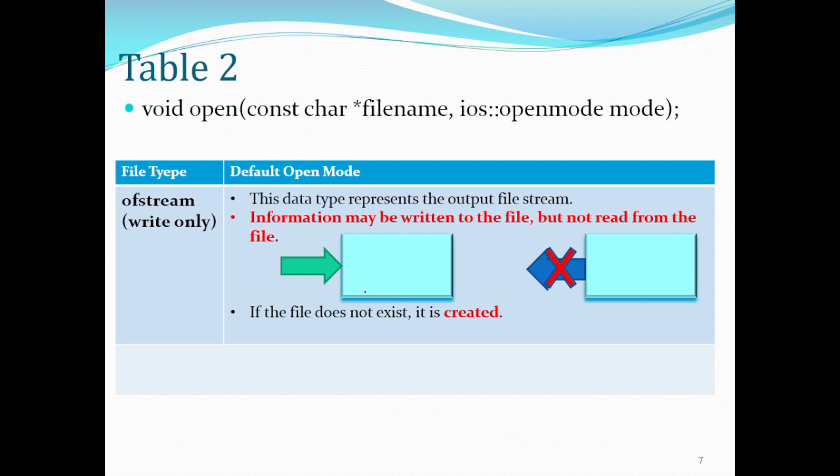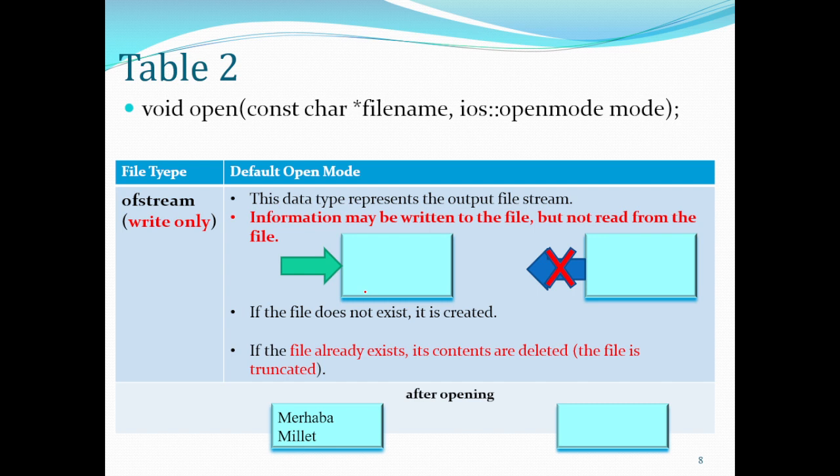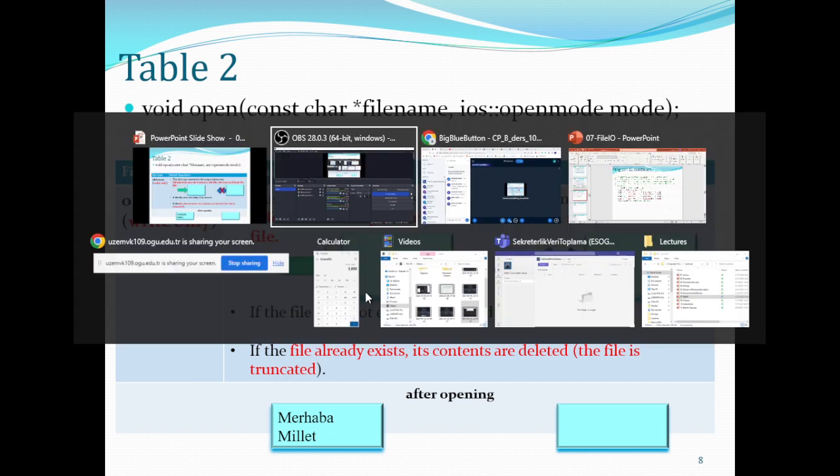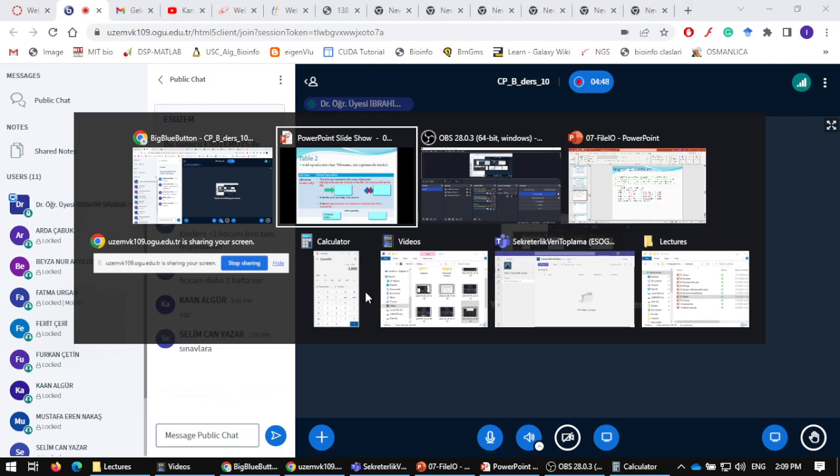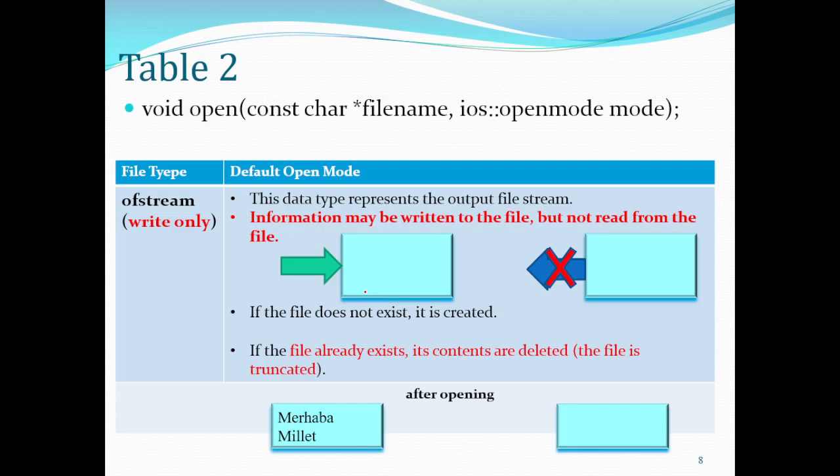With ofstream we are able to open files and write, and these are write-only operations. If there is already a file with something in it and we open it with an ofstream object, it will be truncated, which means all data in the file will be deleted. We are not able to read from this file because we opened it with the write-only option.